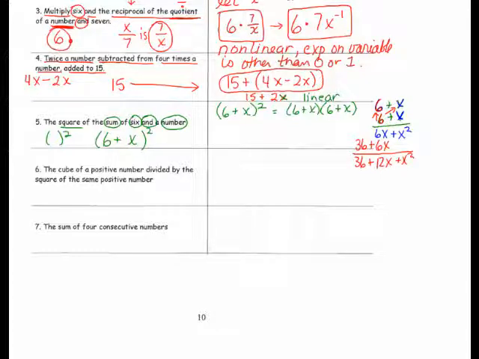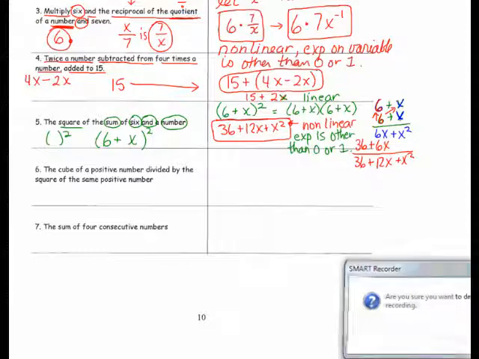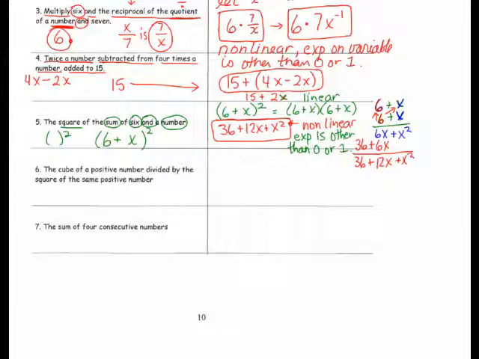In simplest form, this expression results in 36 plus 12x plus x squared. And here you can see that this would be nonlinear because the exponent on the variable is other than 0 or 1. Pause the video and complete problem 6.